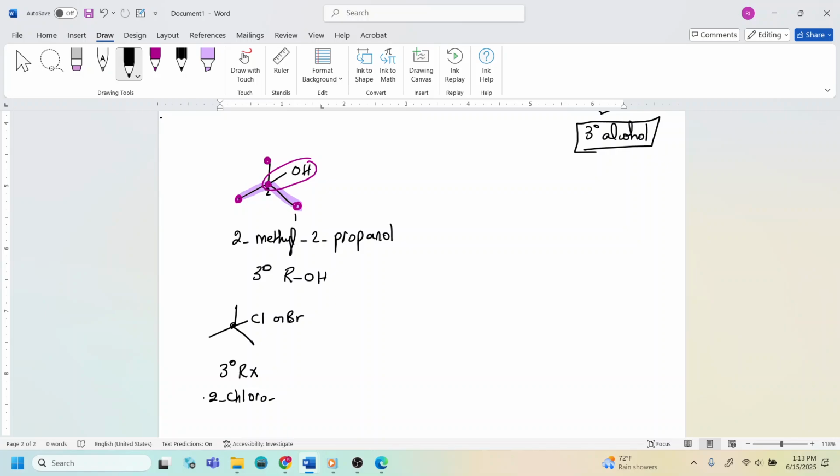So 2-chloro-2-methylpropane. This is going to be my reactant. And then if I react this with water, I'm going to end up getting my OH in this case. Notice that the alcohol that you are starting with is not a chiral center.